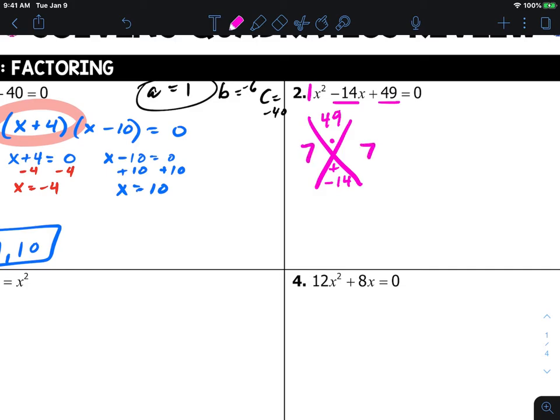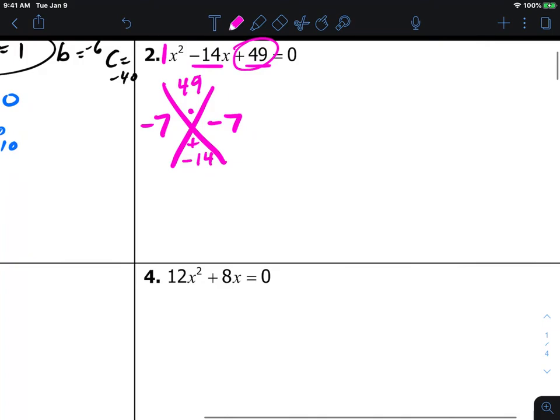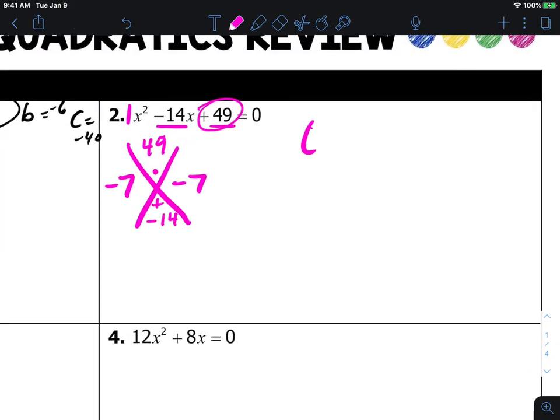So I'm thinking 7 and 7, but I got to be careful though. Why? Well, because the sum is negative. Oh, but the c value is positive. So that means a negative times a negative makes that 49. Oh, okay. So this is going to be x minus 7 times x minus 7 equals 0.